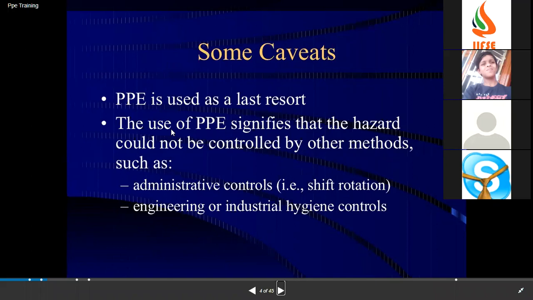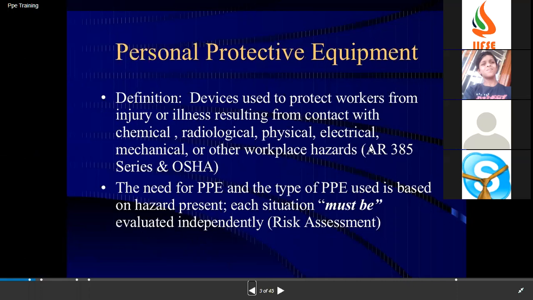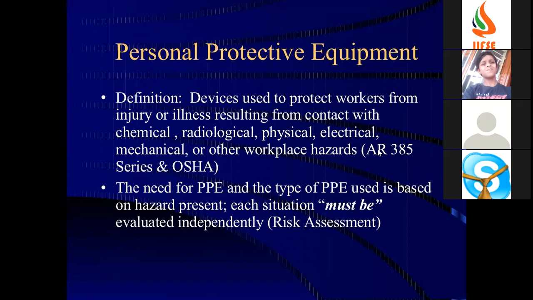Sir, what is this AR? AR 328 something you told me. What is AR? Here it is a series, and series AR 385 is the OSHA series, which represents the PPE. Okay, we no need to consider that entity, because in industrial safety I took this as a reference so that you can understand well.